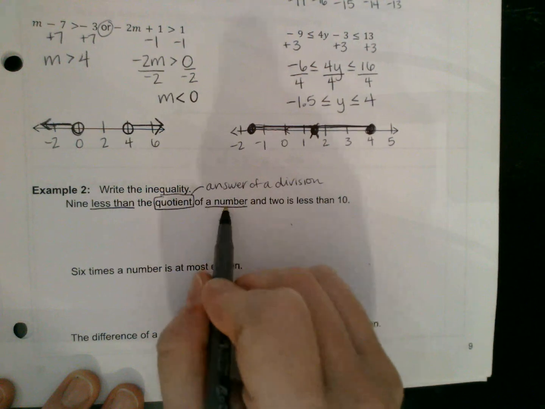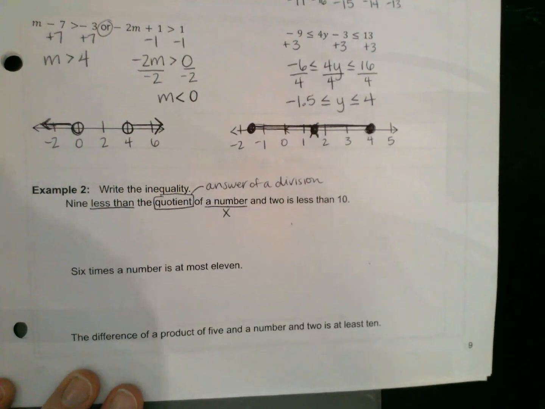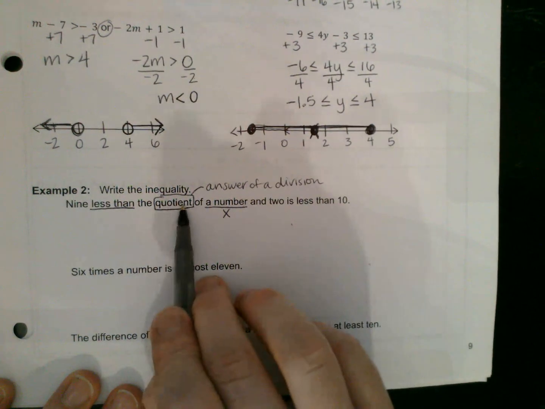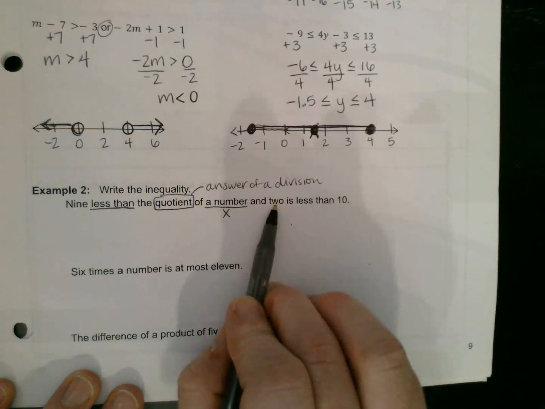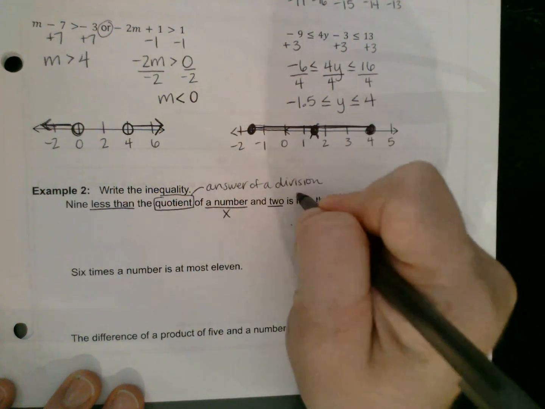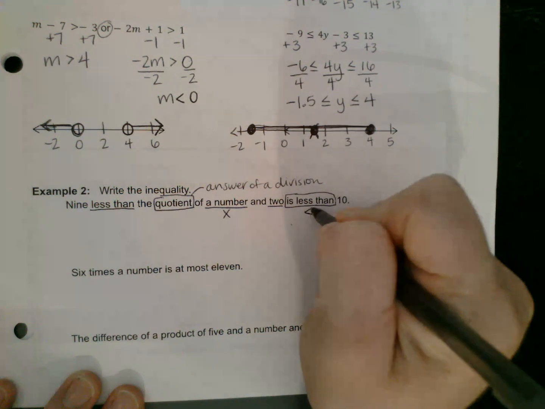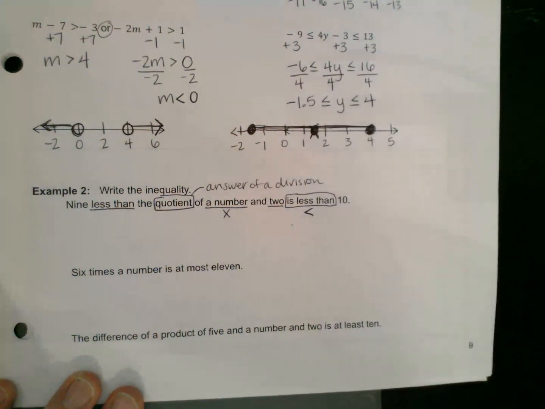Or in other words, it's a variable. It's an unknown. We're typically going to use x there. Okay, so the quotient of a number and 2 is less than. Is less than, that's the less than symbol.